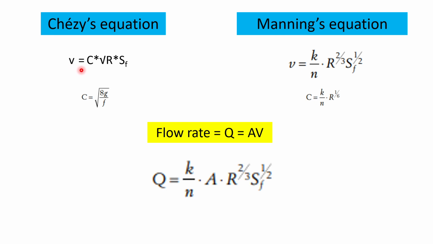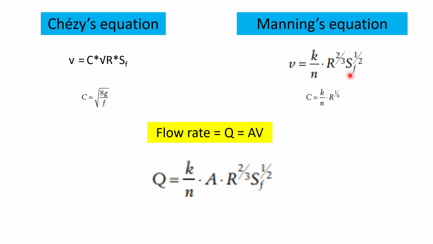So V is equal to C times square root of R times S. This is also V is equal to K over n, R to the power of 2 over 3, S to the power of half.